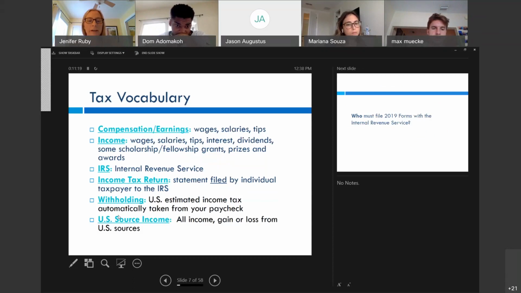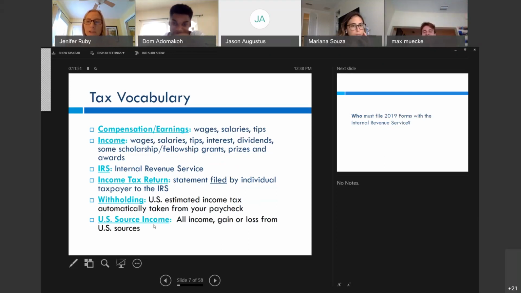I already mentioned IRS. An income tax return is the term that we use for the statement that you file as an individual taxpayer. The withholding is the estimate that your employer or the school will use to take some of your earnings each paycheck, withhold it, and send it on your behalf to the IRS.